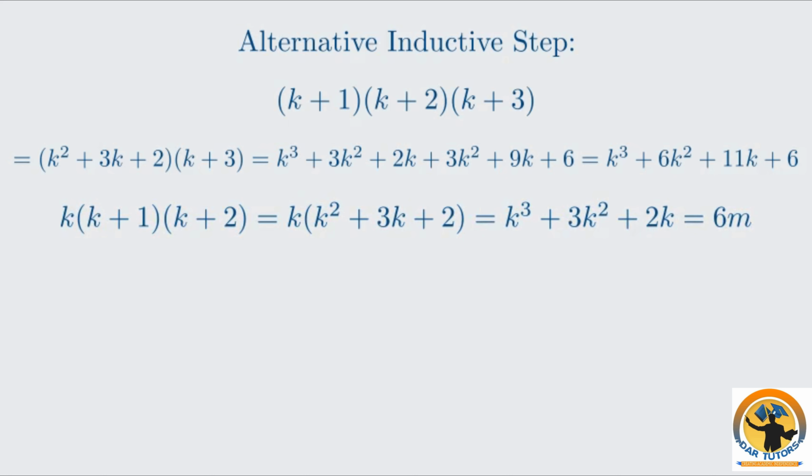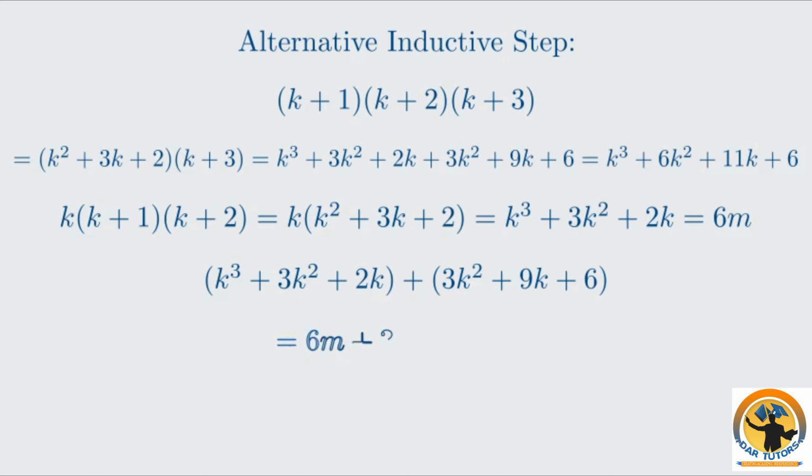Now, let's rewrite our expression for n equals k plus 1 in terms of our hypothesis. We can write k cubed plus 6k squared plus 11k plus 6 as the quantity k cubed plus 3k squared plus 2k plus 3k squared plus 9k plus 6. The first part is our hypothesis, which is 6m. The second part is 3k squared plus 9k plus 6.